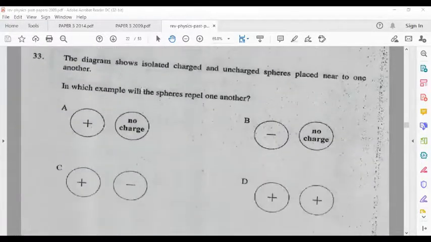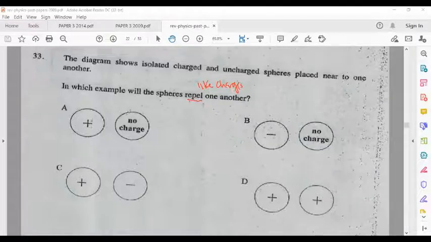Number 33. This diagram shows isolated charged and uncharged spheres placed near to one another. In which example will the spheres repel one another? Okay, in order to get repulsion, we're looking for like charges. So which two are alike?